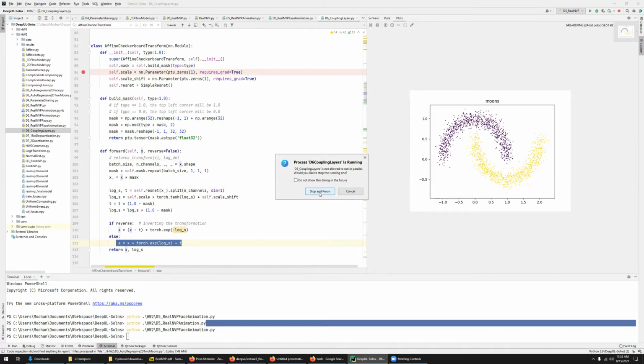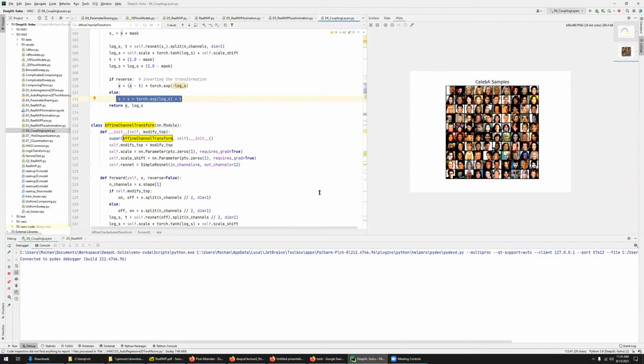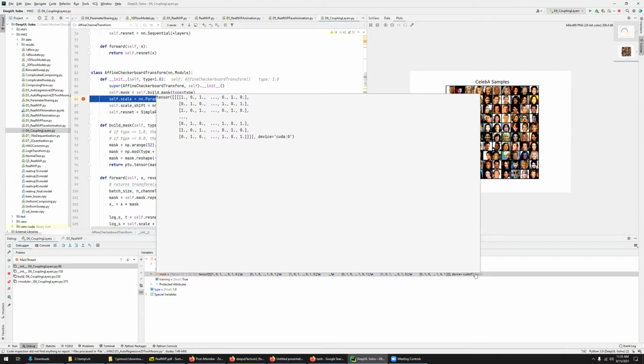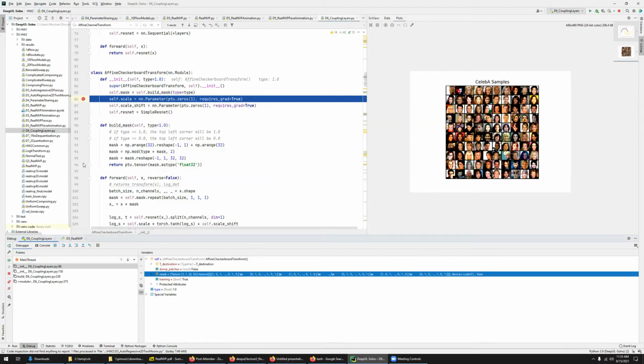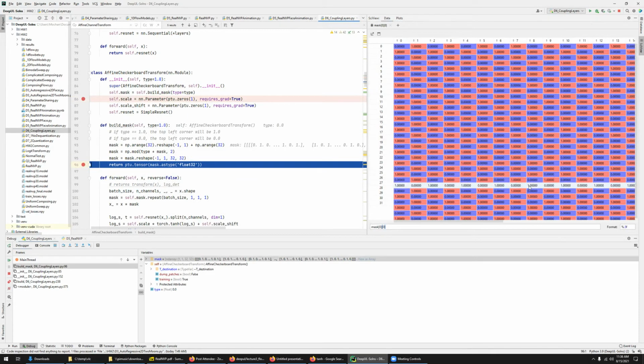If it's a checkerboard, I think here we can look at it. Okay, here's the mask, self.mask. Yep, here. This is the mask. As you can see, this is the checkerboard.